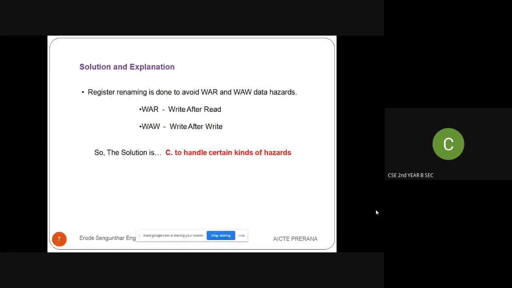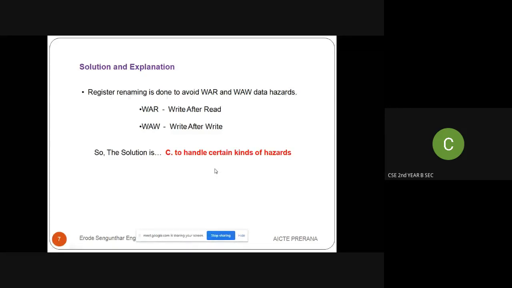Just remember, when do WAR and WAW occur? While a particular instruction is waiting for the result of previous instructions. Just consider I1, I2, I3 and I4, four different instructions we are going to process.